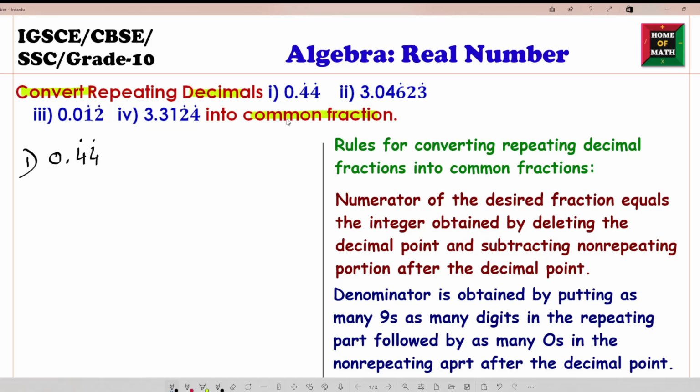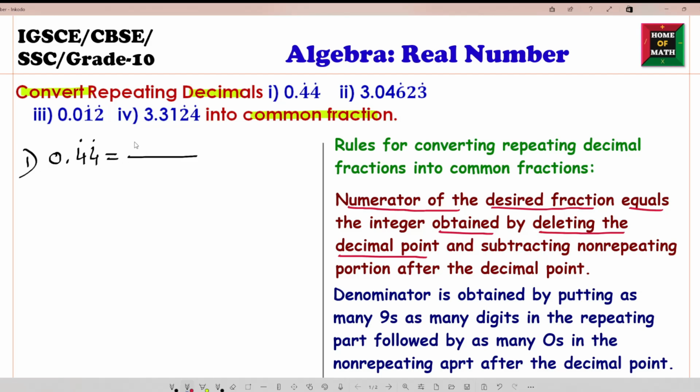We know once we make a common fraction, one part is the numerator and the other is the denominator. In the numerator part, what can we do? The numerator of the desired fraction equals the integer obtained by deleting the decimal point.